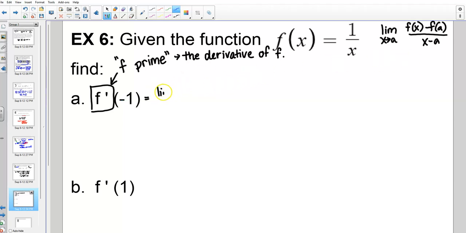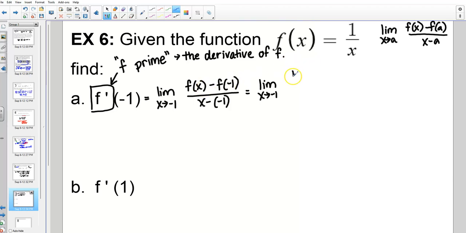So we will have the limit as x approaches -1 of f of x minus f of -1 over x minus -1. f of x is 1 over x.